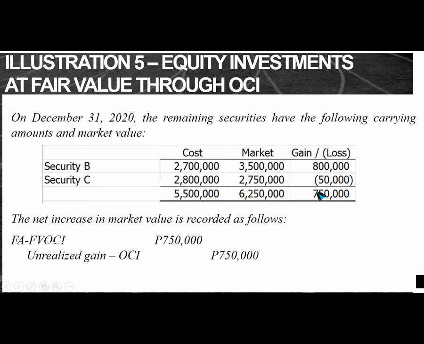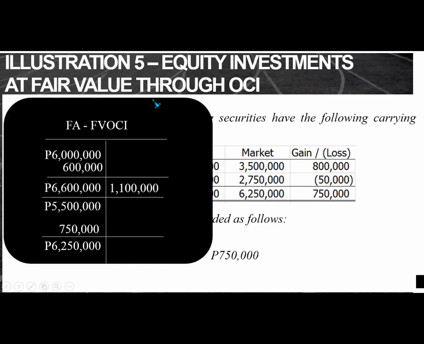How do we record this? You simply debit FAFVOCI 750,000, credit unrealized gain OCI 750,000. So this will be the look of our T account. FAFVOCI, our 5.5 million, we add 750,000. So it becomes 6,250,000, which is now equivalent to the market value here.